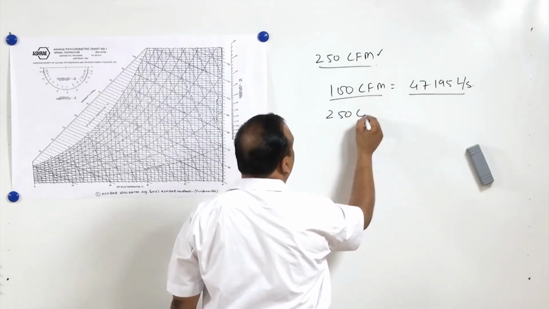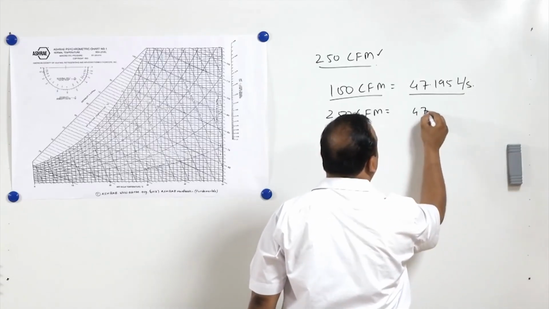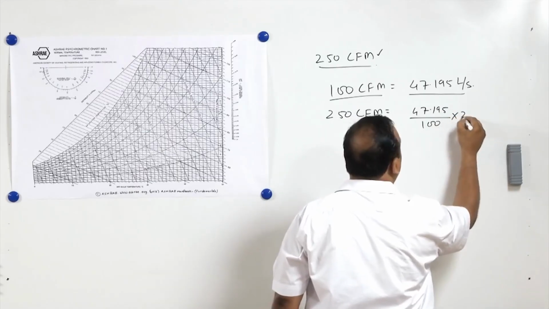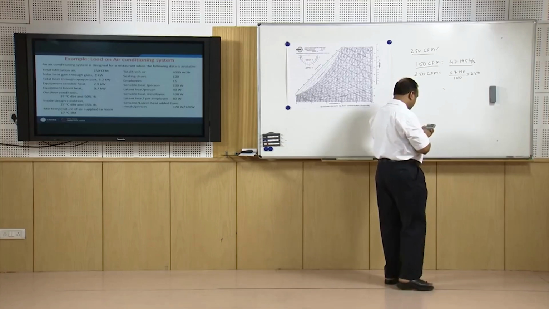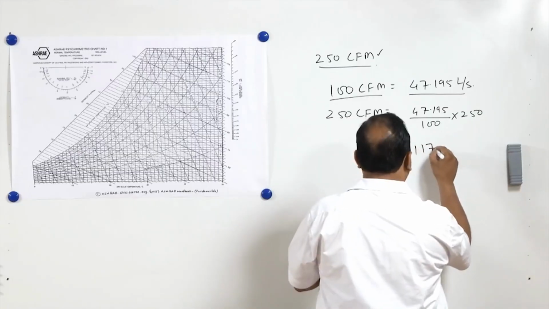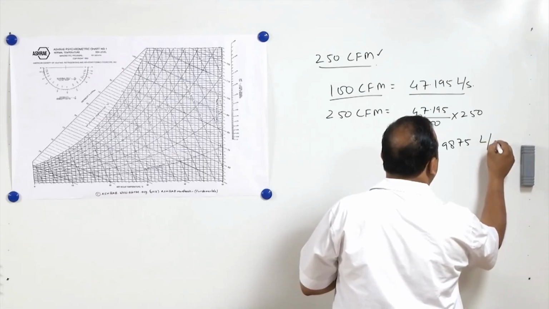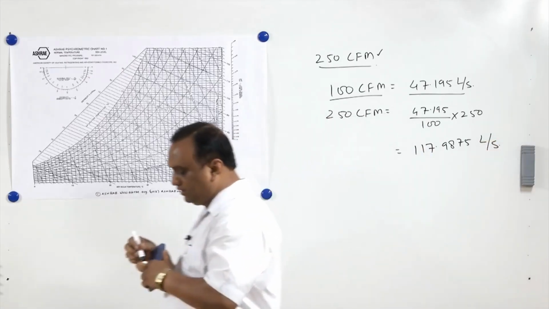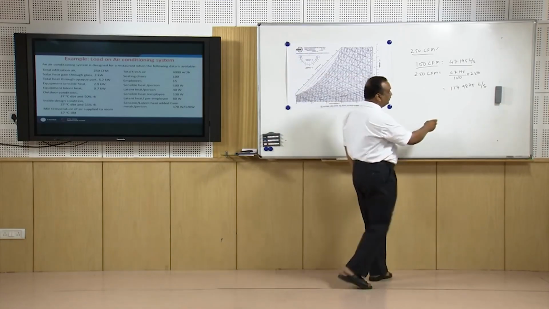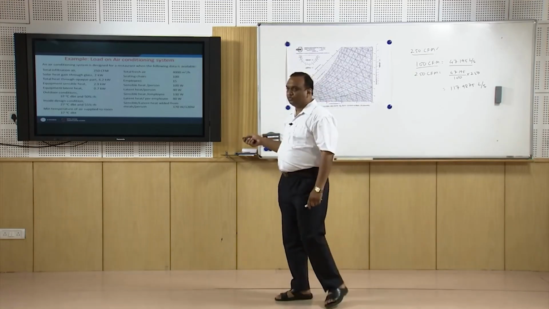So 250 CFM is going to be 47.195 divided by 100 multiplied by 250, and that is going to be equal to 117.9875 liters per second. Now this liters per second has to be converted into kgs per second. This we will do later on. Let us go through this problem.